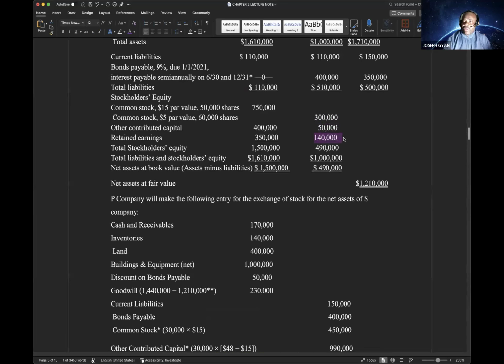This one is gone because we have acquired the equity of the company. So all the equity of the S company, which consists of the common stock, other contributed capital, and retained earnings, will not be carried forward because we have closed the equity. We are buying the investment, therefore their equity will be closed.